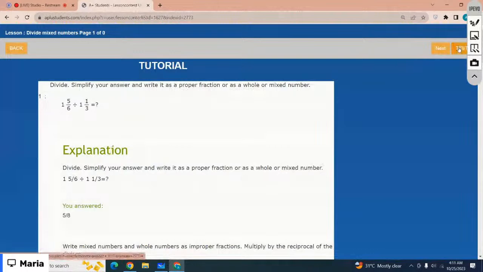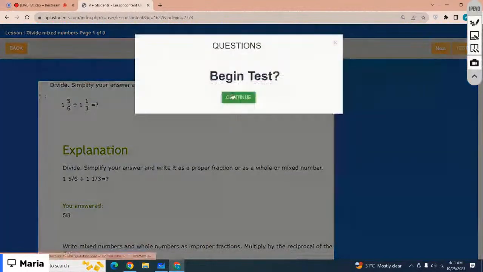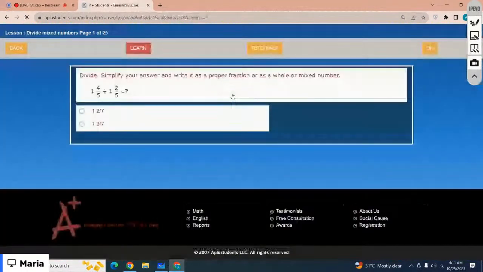Now we're going to see how we divide mixed numbers, right?